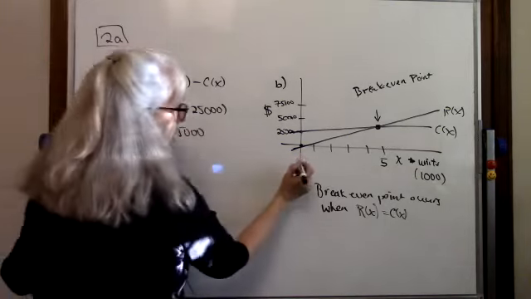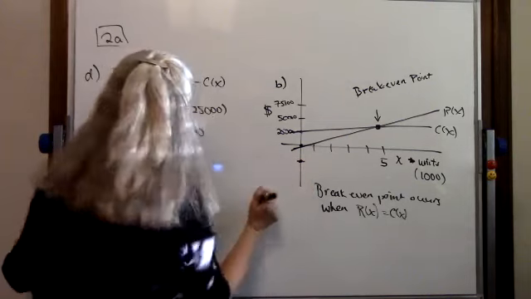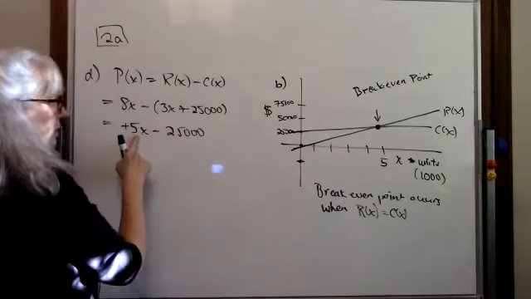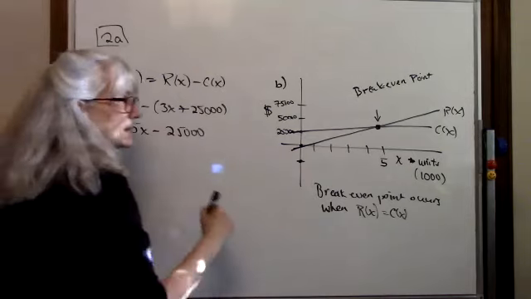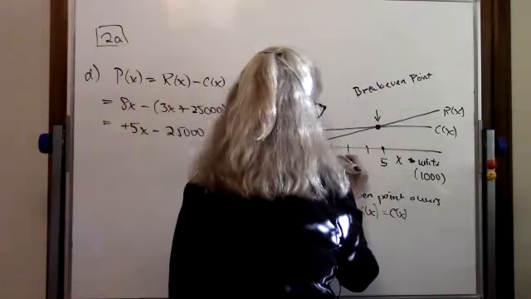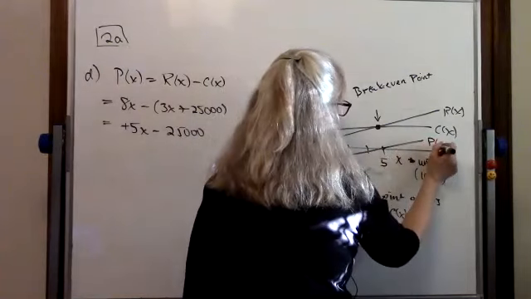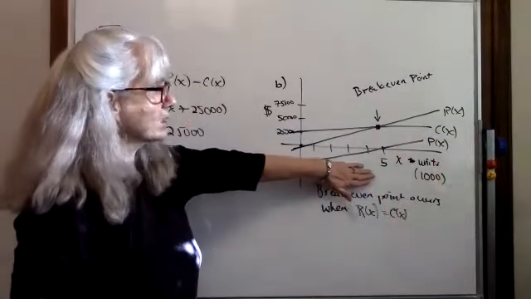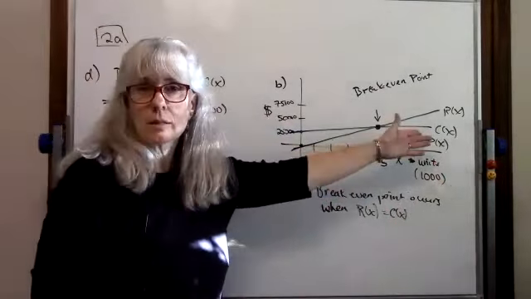So if I want to sketch it, I'm down here at negative 25,000. And again, I can plug in the 5,000. If I plug in 5,000 for x, I'm going to get 0, which makes sense because in terms of money, the break-even point occurs where you go from a profit that's a loss to an actual profit that's a gain.